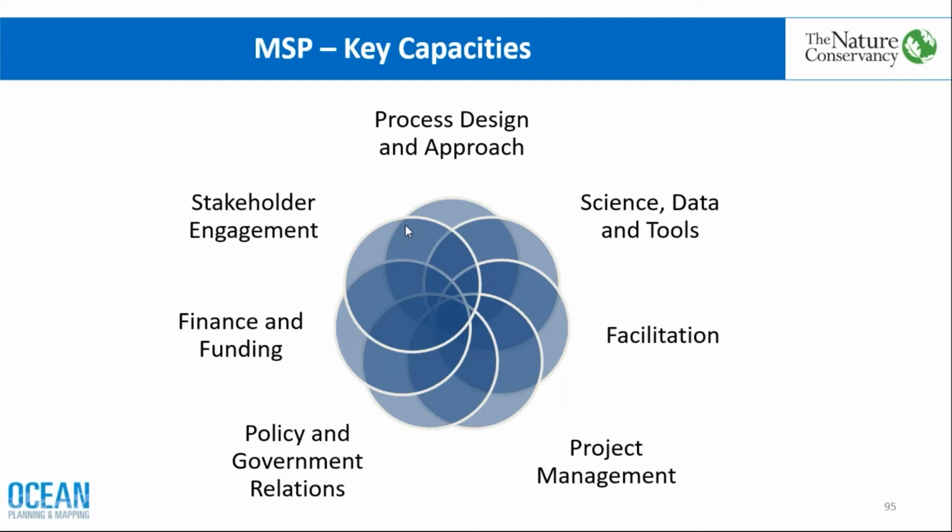But generally, these areas are necessary: process design and approach for guiding the process, a team to drive it, relying on the science, data, and tools, facilitation, project management skills, policy and government relations, the finance and funding that's instrumental, but understanding what's available and what's possible up front. And of course, the stakeholder engagement. We've been hearing a lot about that today.